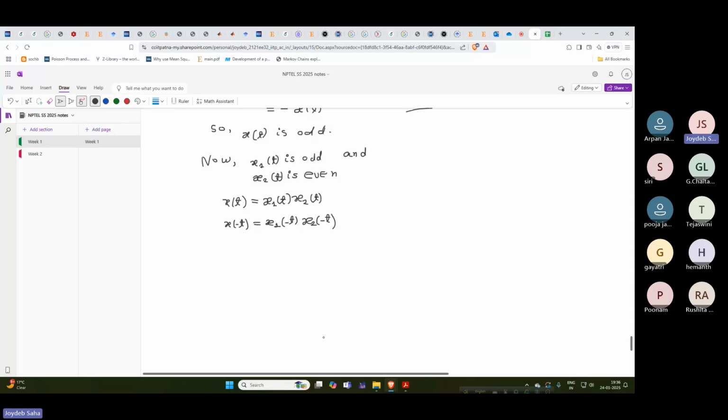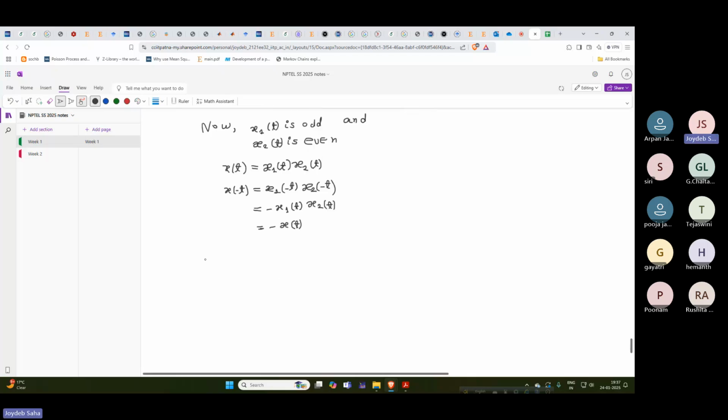Now x1 is odd, so this will be minus of x1(t). x2 is even, so it will be x2(t), which is equal to minus of x(t). So x(t) is odd.